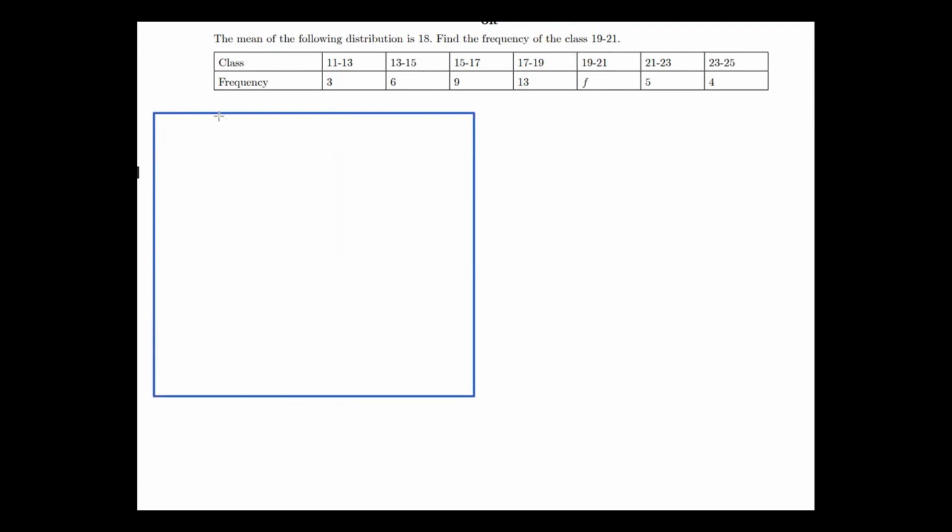In the direct method, we'll get only 4 columns. One is classes, and frequency, mid values, and fi xi column.